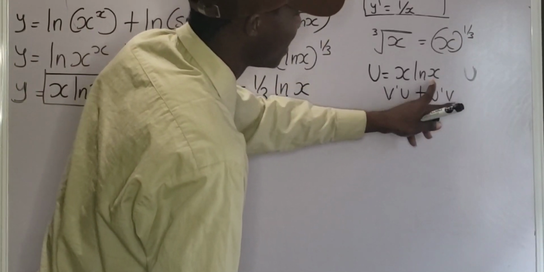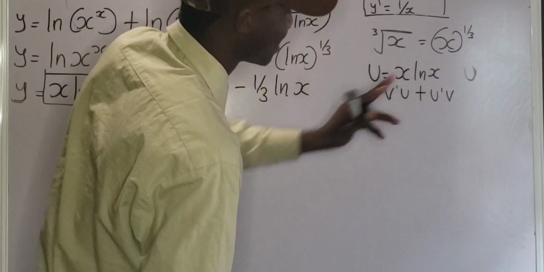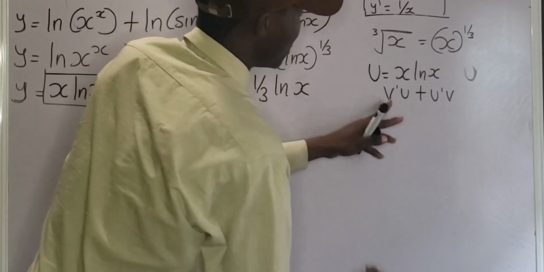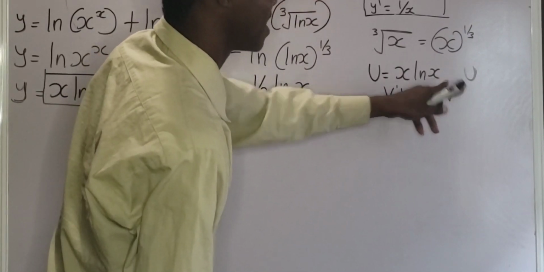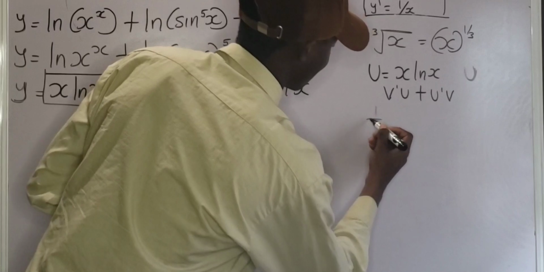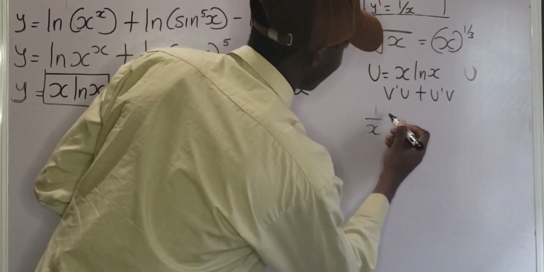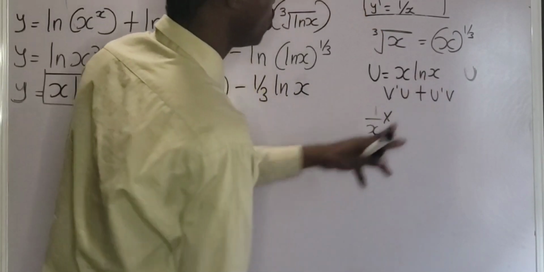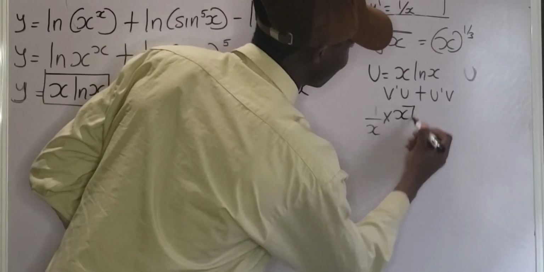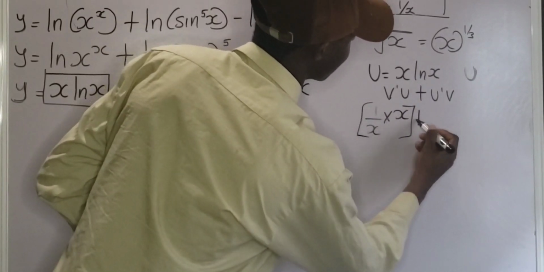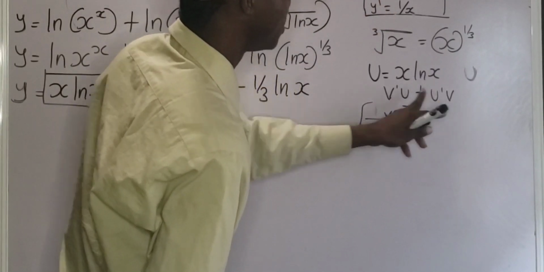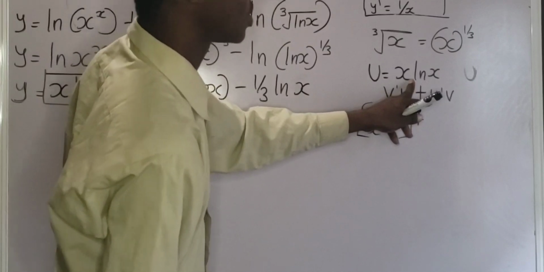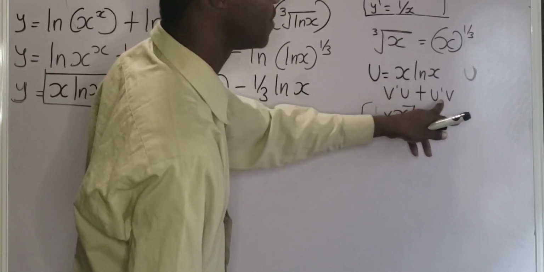v is what? ln x, and u is what? x. Do you understand? So the derivative of v, which is the derivative of ln x, that is what? 1 over x multiplied by u. u is what? x. So I'm going to have 1 over x multiplied by x plus the derivative of u. The derivative of u, if you differentiate x, you're going to get 1. So 1 multiplied by v, that is ln x.